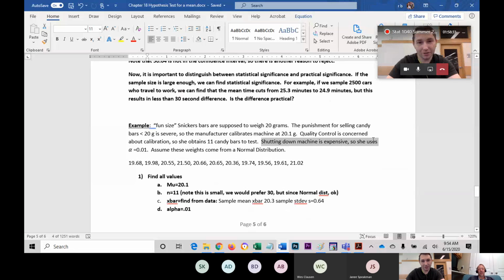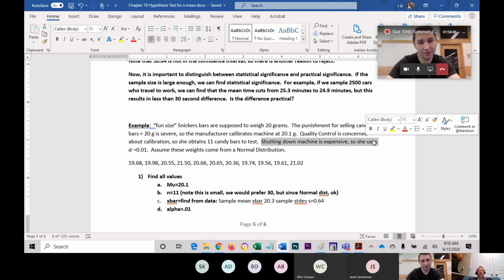I can also see the argument that quality control wouldn't want them to be too big, because if you're with the company, you don't want to give out more. Right. But I just thought it was one-tailed because we're trying to avoid getting fined for having small candy bars. Let me say this also.